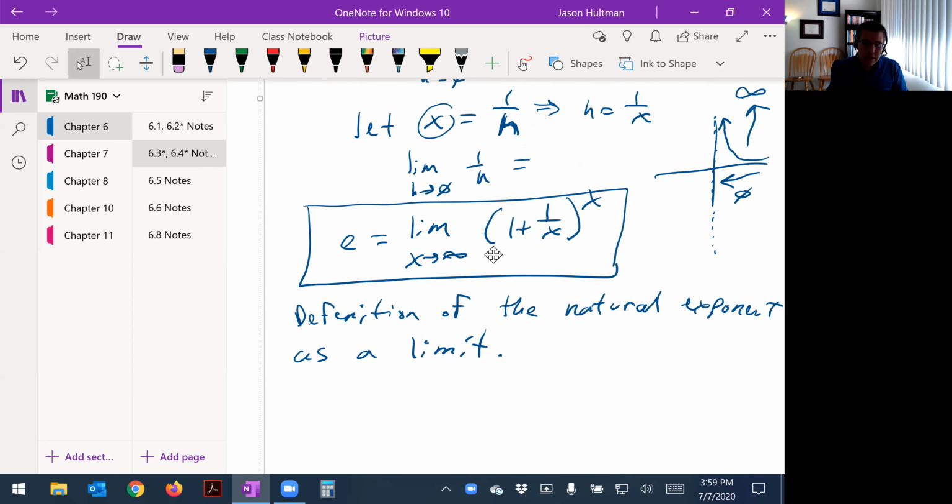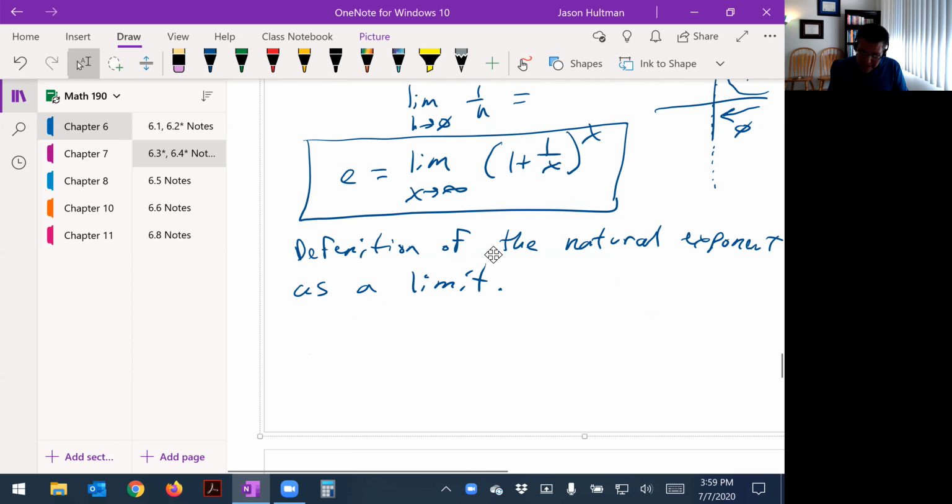We did this because this is an extremely useful property: e is what happens when we take the limit as x goes to infinity of 1 plus 1 over x to the x. Does anybody know where we use this? Where do we use this property of e in real life? Anybody have any idea?